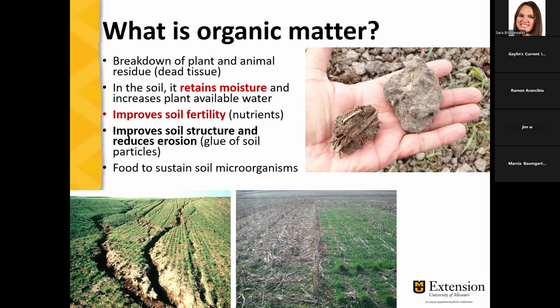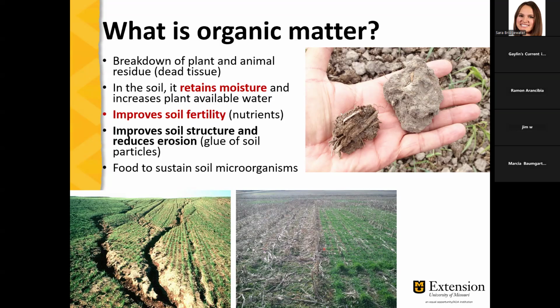It also increases plant available water. It improves soil fertility, because when you add organic matter or compost, you're adding a certain amount of nutrients depending on the concentration in that organic matter. Not all organic matter and not all compost are the same. We're going to go through that later on, but we want to understand that not everything is the same.